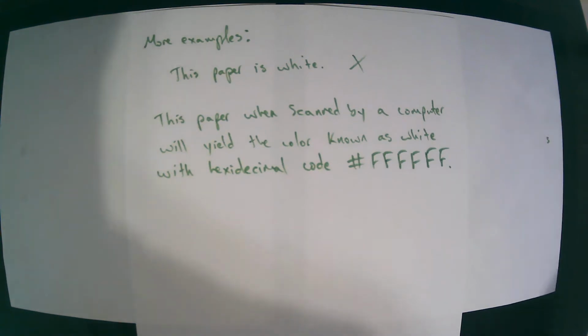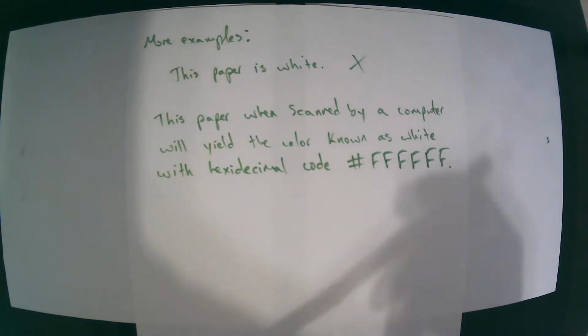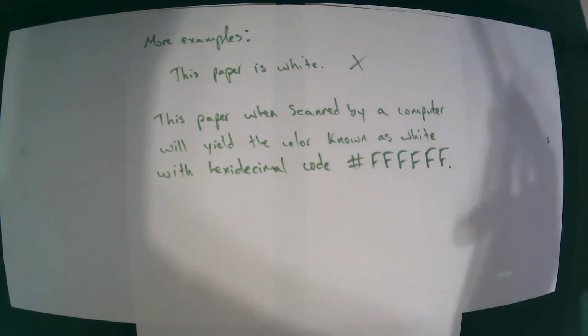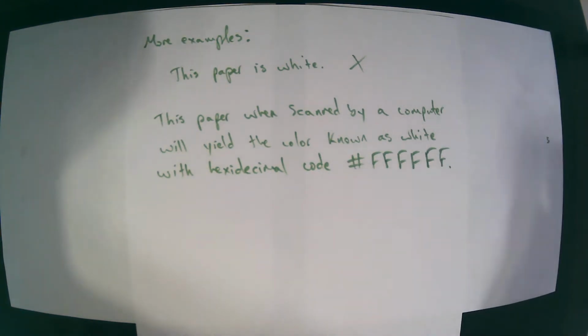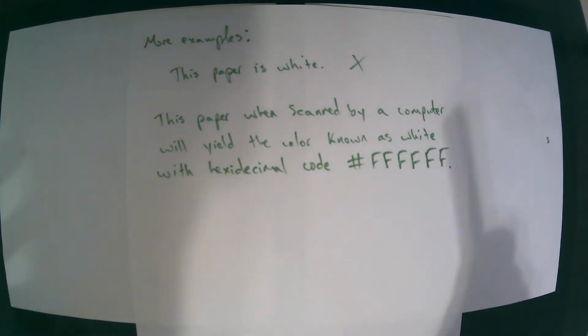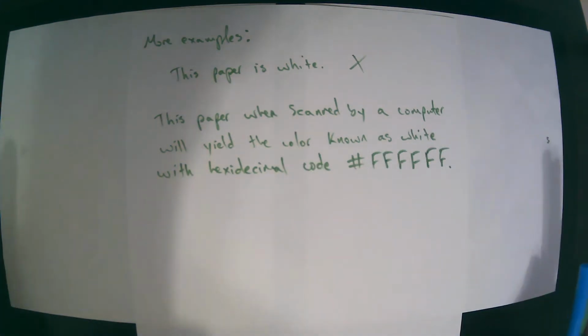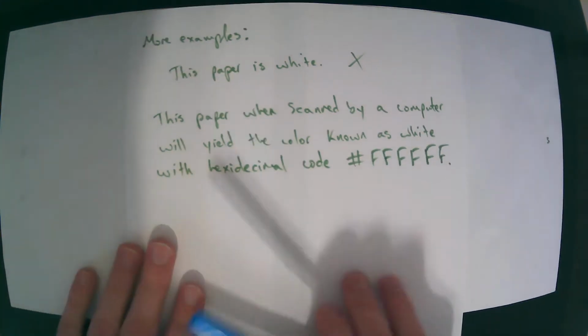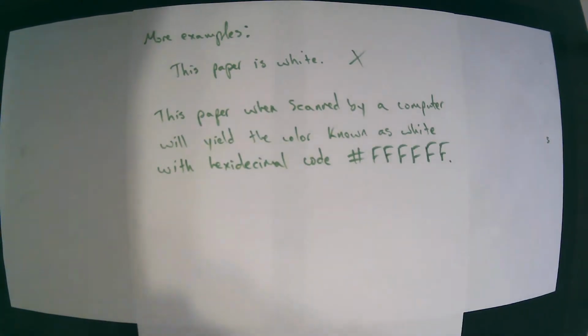Then there's the binary system, which is just 0 and 1, and then there's hexadecimal, which uses 0 through 9 and the letters A through F. So this is something much more complex and technical, but we could potentially take this paper, get it scanned by some kind of computer with the appropriate software, and get a color code back.